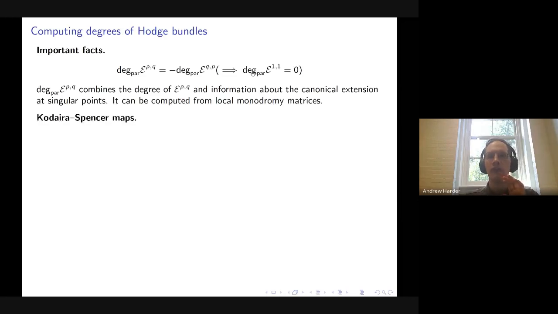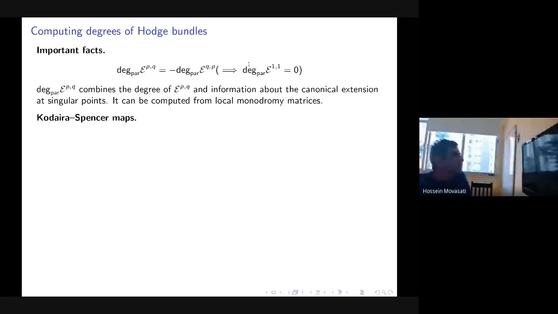So if this is some invariant that gives me information about the degree and local monodromy, it means that if I can compute the local monodromy part of this parabolic degree, I get the degree of E^{1,1} for free. So I just need to have some data about local monodromy, and I can get the degree of E^{1,1} as a bundle on P^1. Okay, so that's kind of nice.